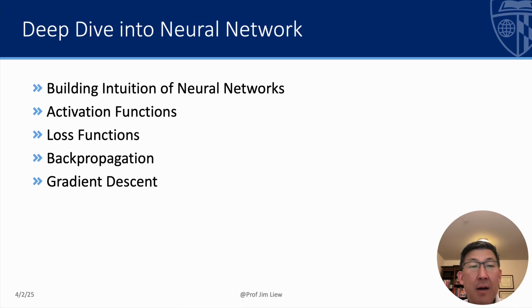Okay, so we'll continue our deep dive into neural networks. We'll talk a little bit more about the activation functions. The loss functions are very important, and you'll see about 2 or 3 different loss functions. We'll try to dig a little bit deeper into backpropagation, but more so I just want to give you the intuition and talk a little bit about gradient descent, which is just a derivative.